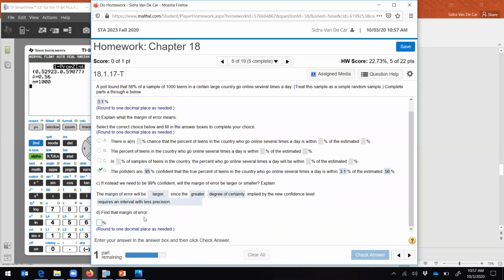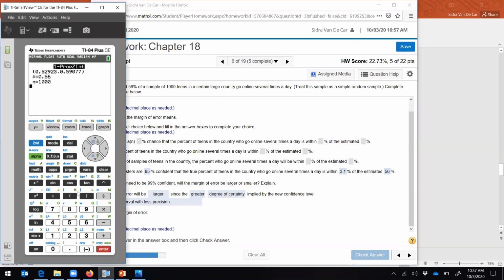Find that margin of error. Oh, they just want us to change this to 99%. So stat tests option A. Same, change to 99.